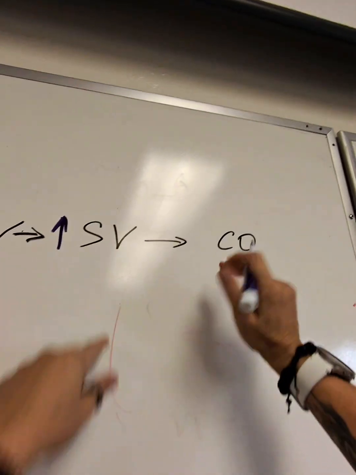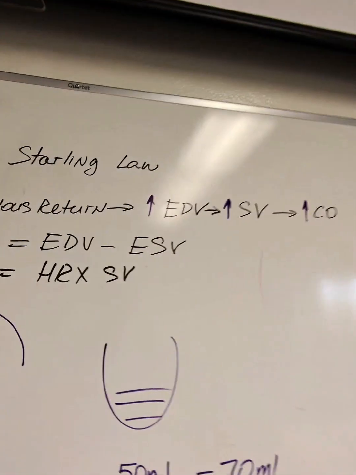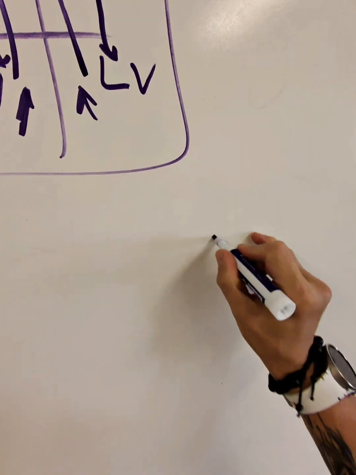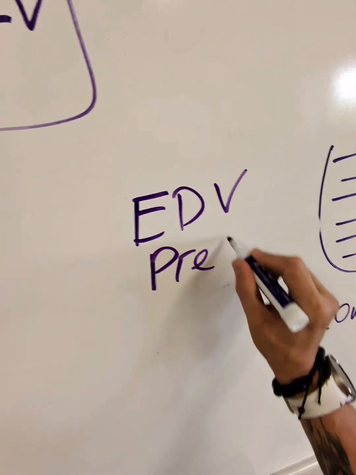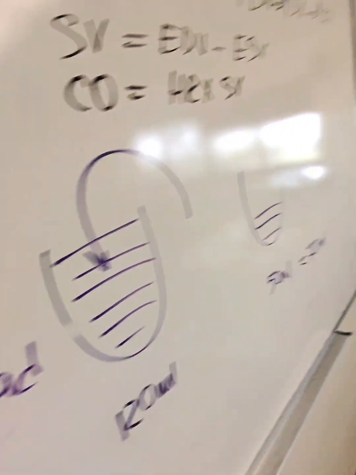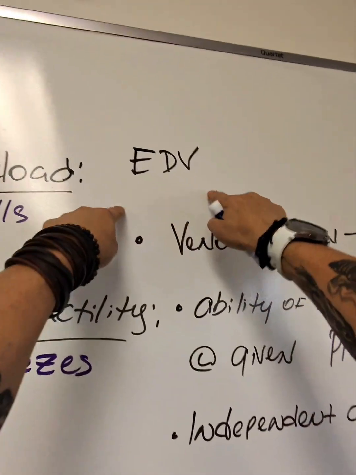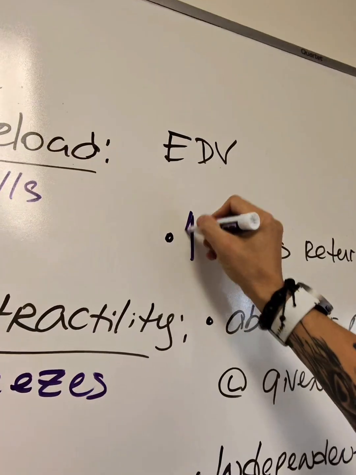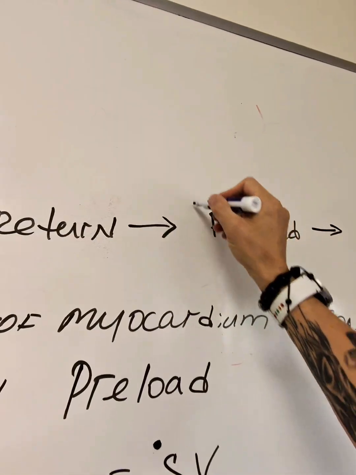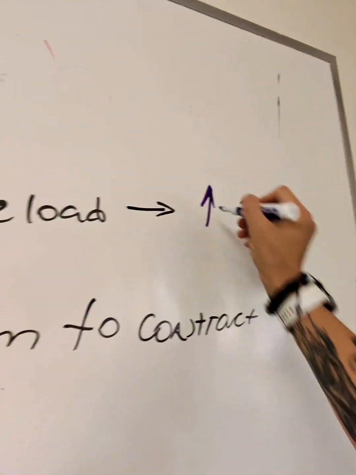And that can lead to increased cardiac output. That's the Frank-Starling Law. So increased venous return leads to increased preload, which leads to increased stroke volume.